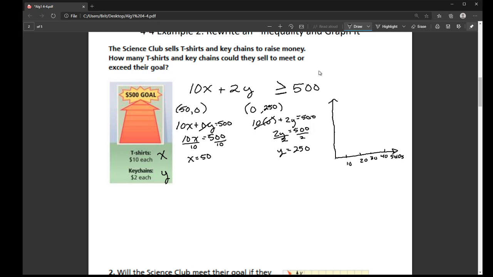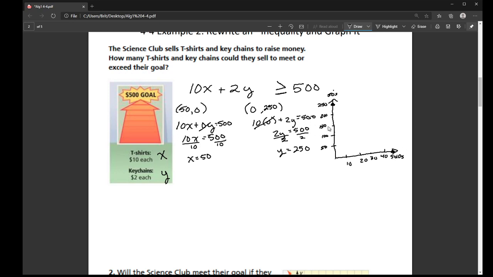And then my y-axis, I'm going to have count by 50s. So here's 50, 100, 150, 200, and then 250. And so what that's going to do is get me a nice stretched out graph.